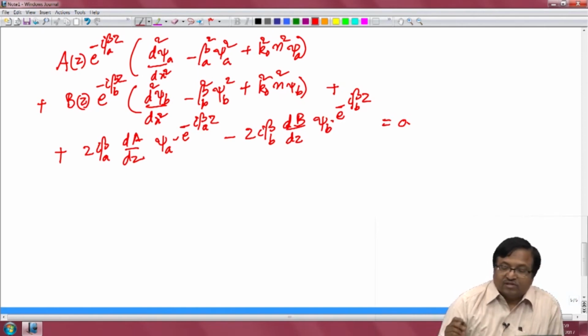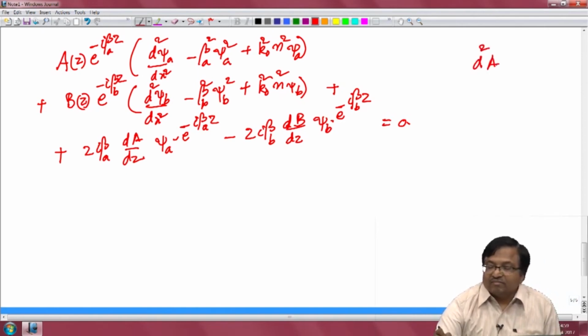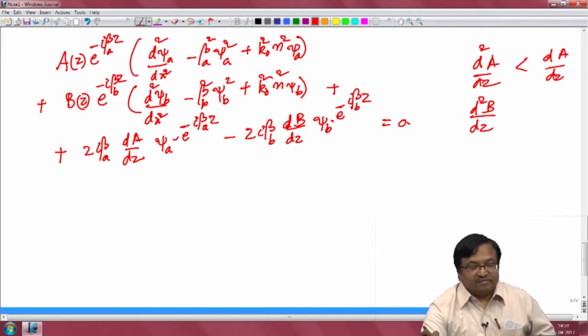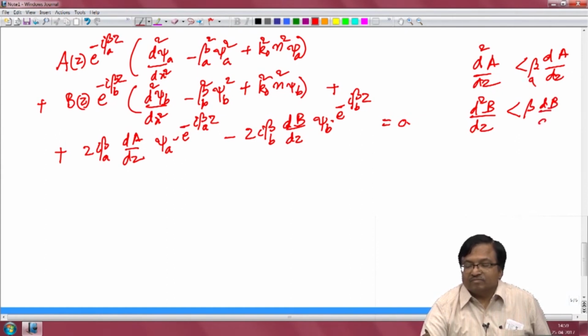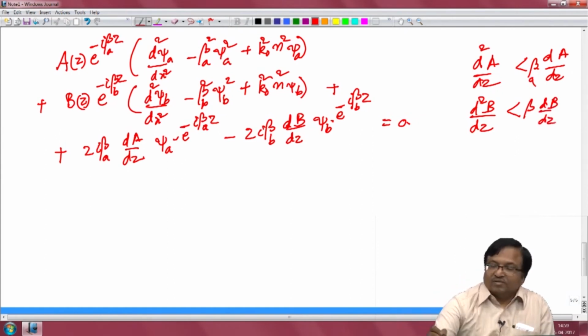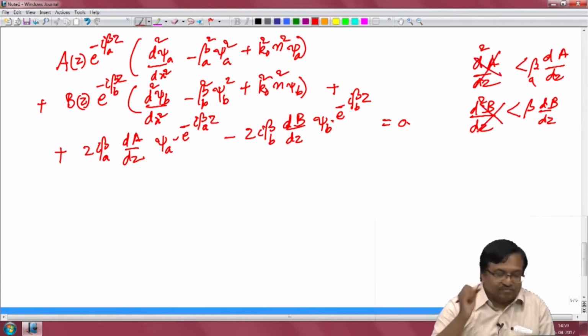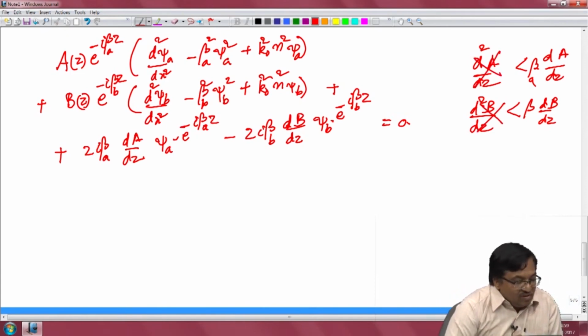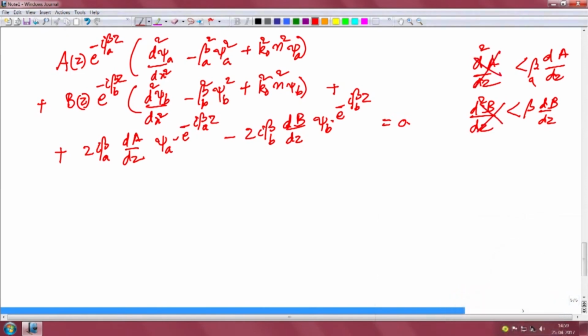Here, as you know, we have neglected d square A by dz square and d square B by dz square compared to the dA by dz terms which have got beta a along with them. So the individual waveguide modes are grouped in these terms.